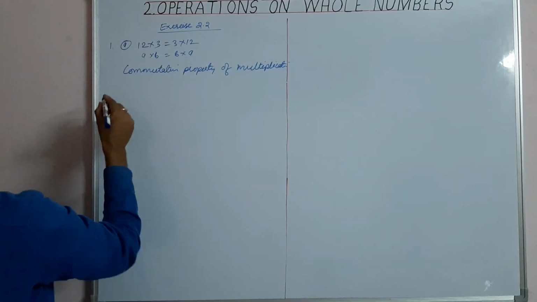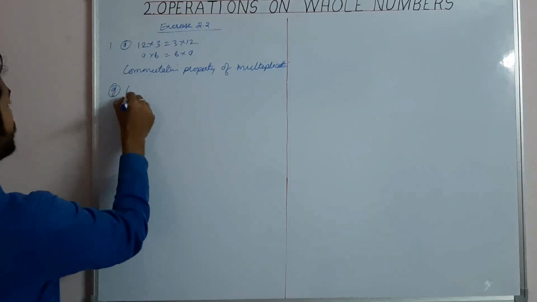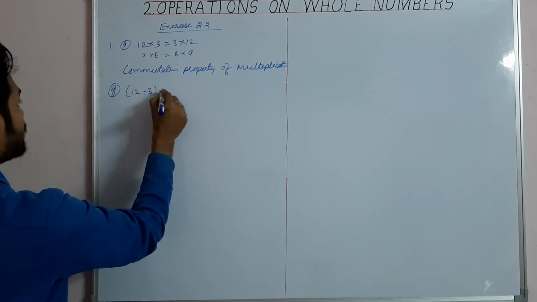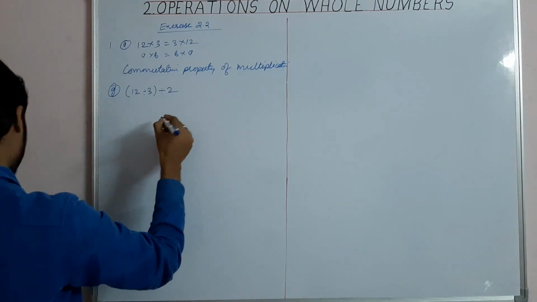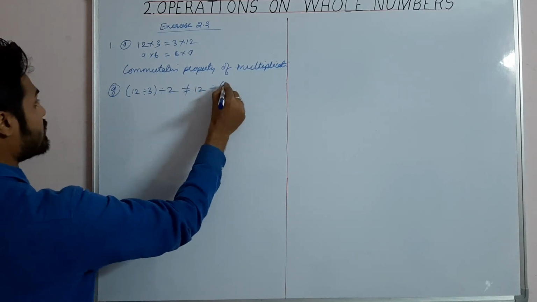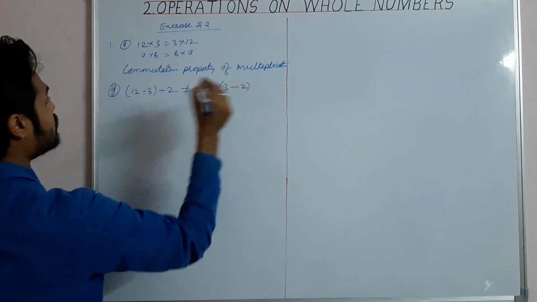Now let us take G of the first question. 12 divides 3 divides 2 is not equal to 12 divides 3 divides 2.